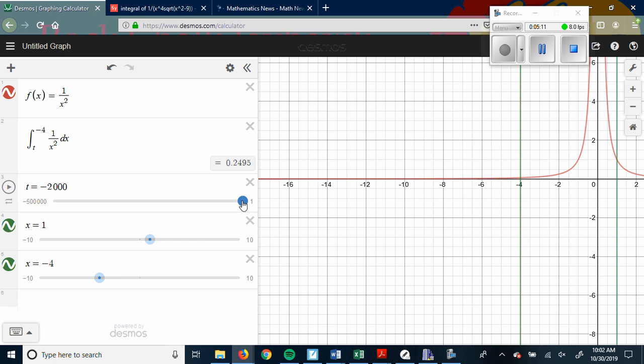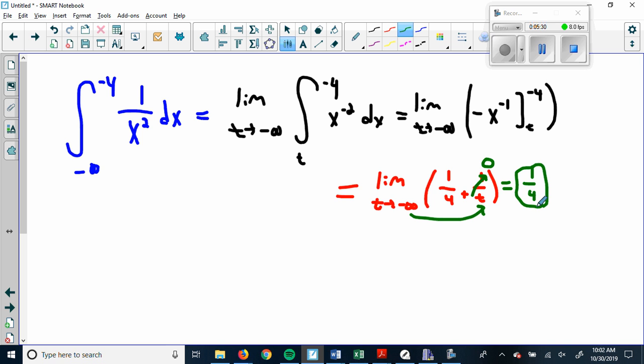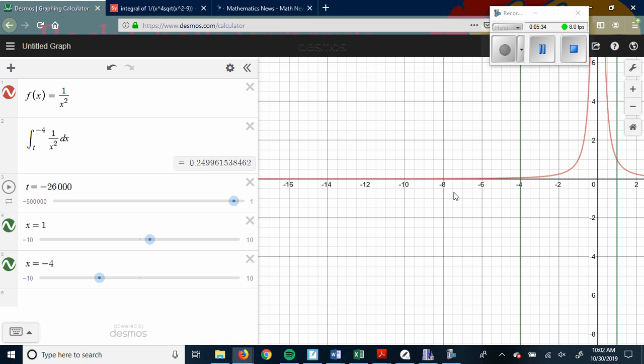But as I go further down here, negative 2,000, negative 4,000, as my numbers get bigger, you start to see that this is getting closer to 0.25. If you remember, we said our integral was 1/4, which is approximately 0.25. And as I keep going, that value is getting closer and closer to 0.25.